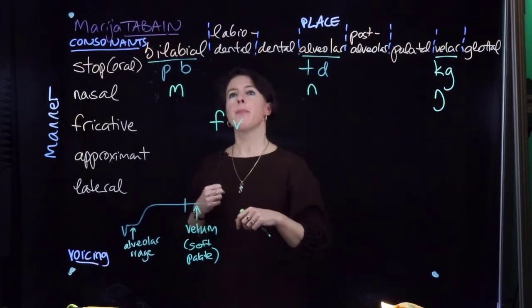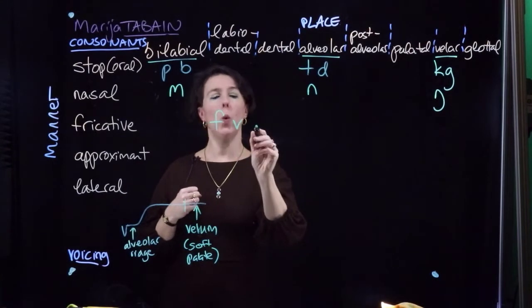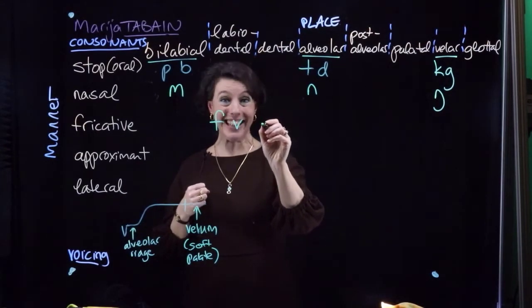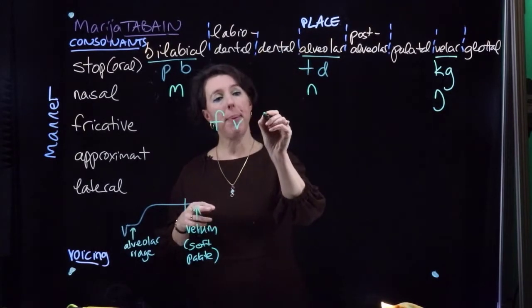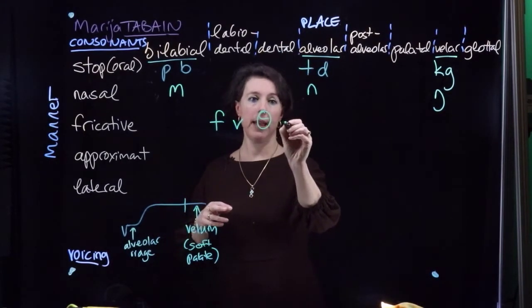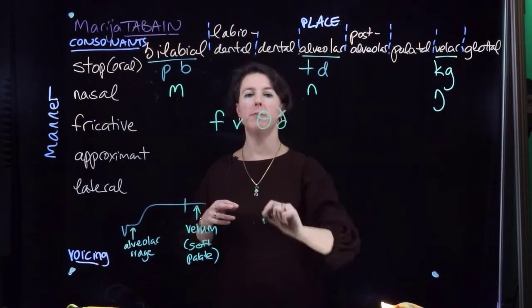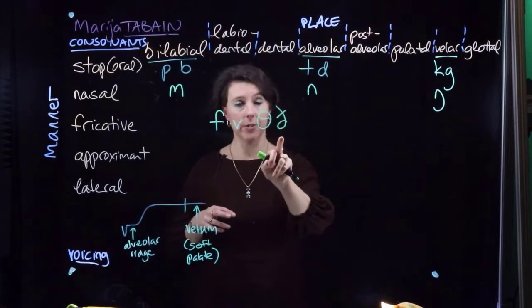All right. And then in English, we also have dental fricatives. Now, these are quite unusual sounds, but they are written like this. This is th, and this is the. So the Greek letter theta and the Greek letter delta.